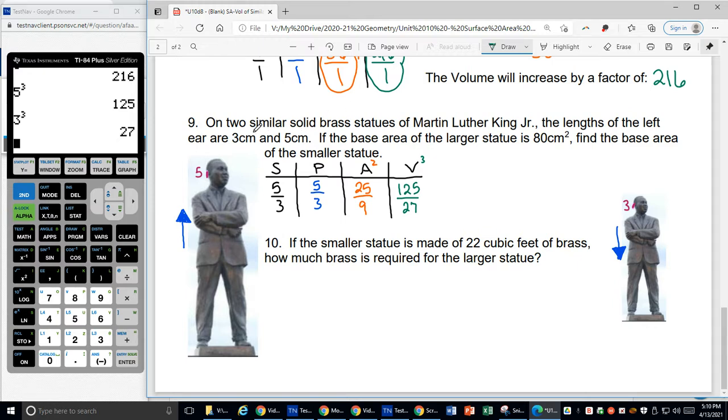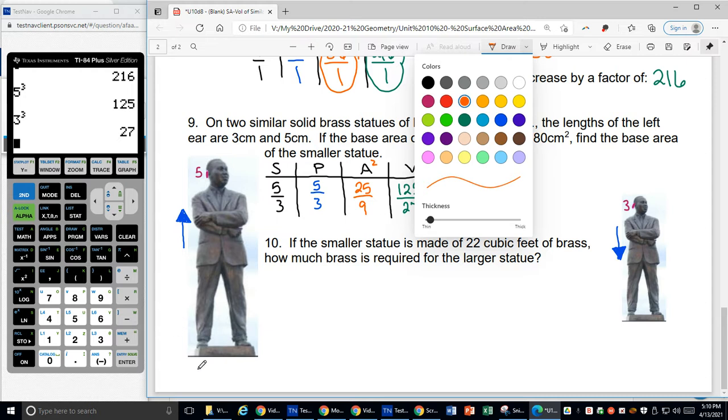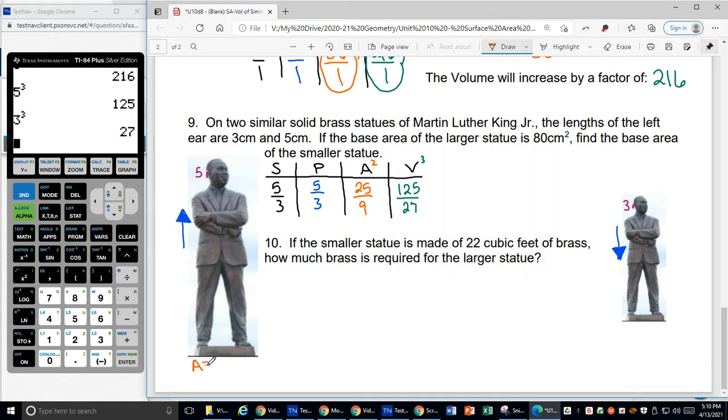I got all of that from just my first sentence and just being given the lengths of the ears. Now it says the base area of the larger statue is 80 centimeters squared. If I look at the base, the area it takes up on the ground is 80 square centimeters. Find the area of my other one.